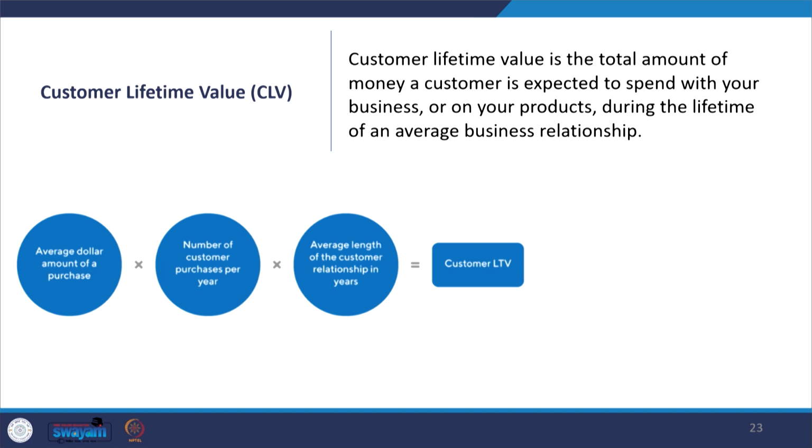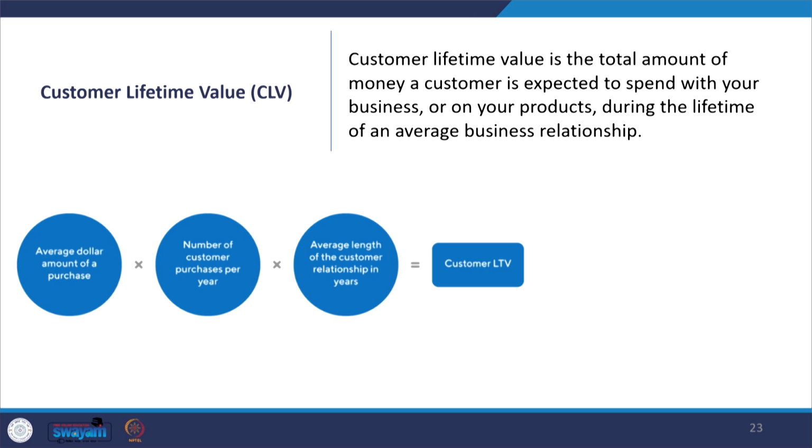As a result, the profitability of the firm from this particular customer will be more, just because he has purchased a lot of products or services from it, right. And on top of that, he is a regular customer, which helps in forecasting the demand. Now, customer lifetime value is the average dollar amount, or whatever currency it is, of a purchase multiplied by the number of customer purchases per year, multiplied by the average length of the customer relationship in years, right.